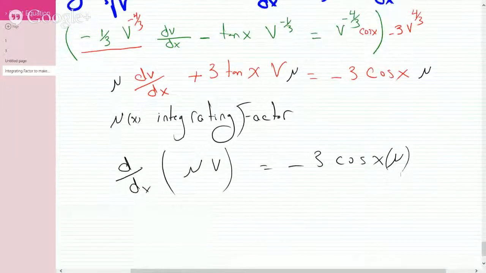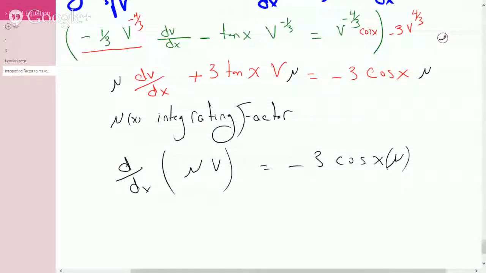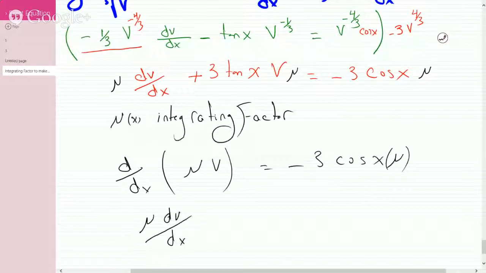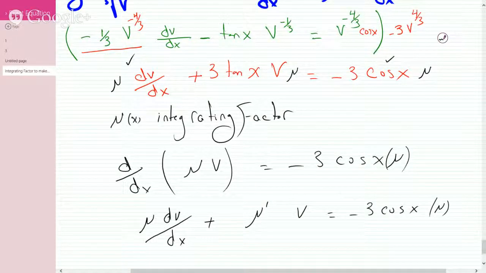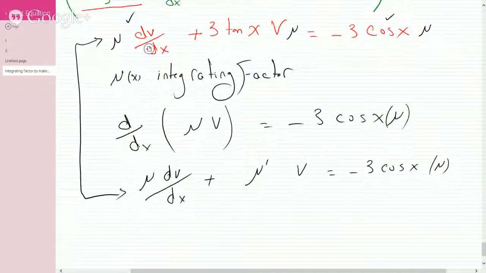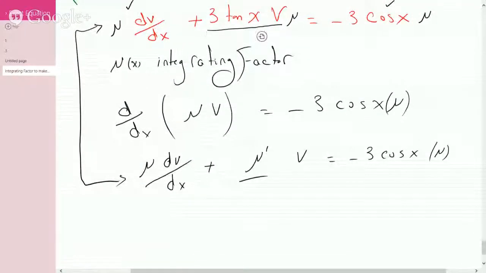Okay, now if we carry on the product rule, this will be mu dv over dx, which is the same thing as this, plus v times mu prime equals minus 3 cosine x times mu, which is the same thing as this. So if these two equations are to be the same, that just means the middle term has to be the same, which makes mu prime has to be the same thing as 3 tan x v.